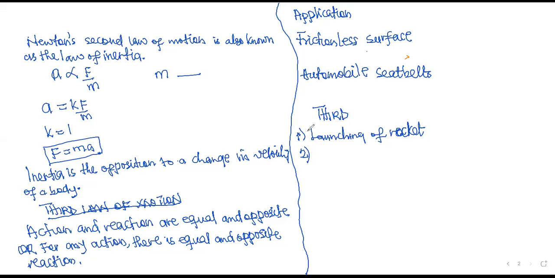The third application is, you see these firecrackers which are launched during Christmas. Some of them are such that it is put at a particular position, then the matchstick is ignited and connected to the cracker.